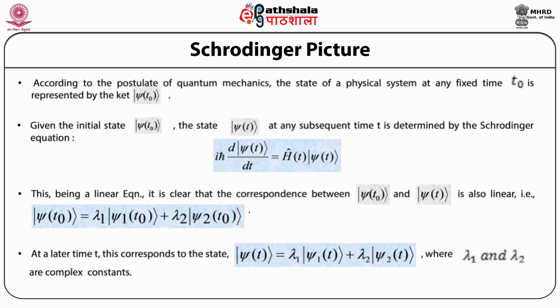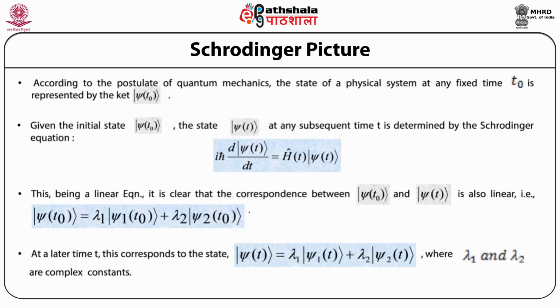Now, since the Hamiltonian operator is Hermitian, it requires that the infinitesimal evolution operator U(t+dt, t) is unitary. Thus, in general, one can say that the evolution operator U(t, t') is also unitary.